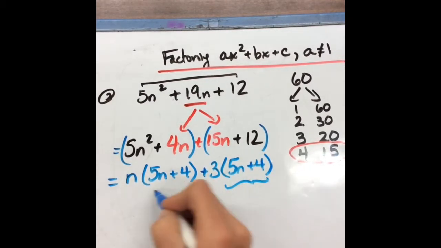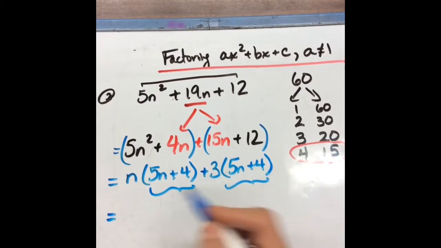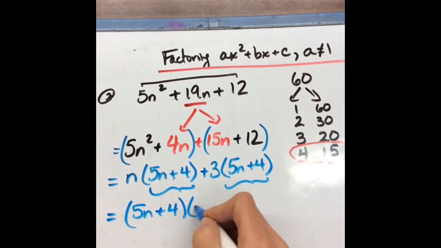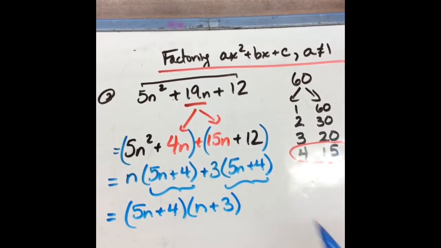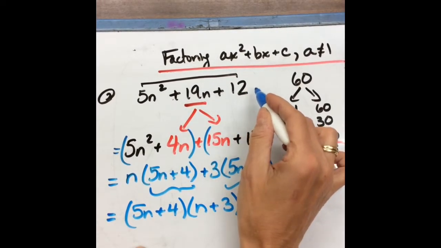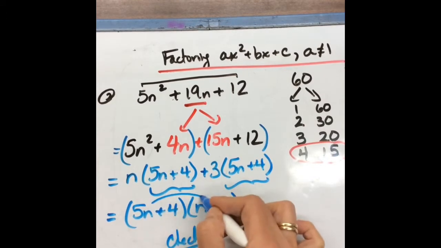Doing this right away, I know that I'm correct because these two are the same. And so then what we have is 5n plus 4, and then here we have n plus 3. And there you have it. We have figured out the factors that give us this trinomial. And if I want to check, just FOIL it out.